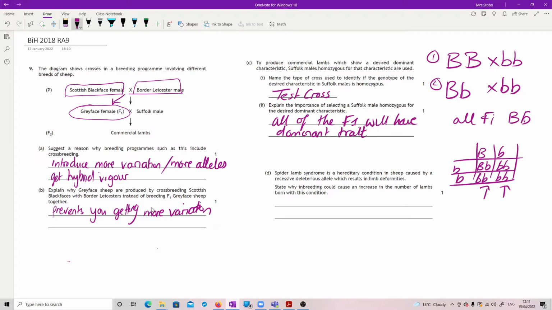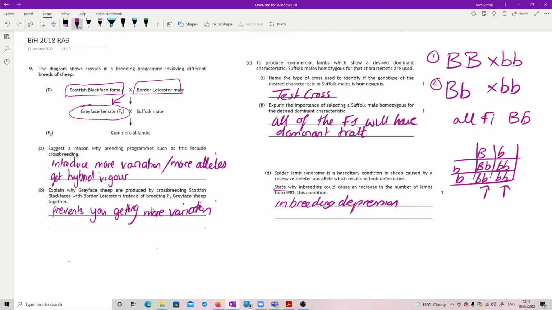Spider lamb syndrome is a hereditary condition in sheep caused by a recessive deleterious allele which results in limb deformities. State why inbreeding could cause an increase in the number of lambs born with this condition. Well, I think the quickest way of doing it is just saying that it could cause inbreeding depression. If you wanted to explain that, because it just says state, so just saying it causes inbreeding depression would be fine.